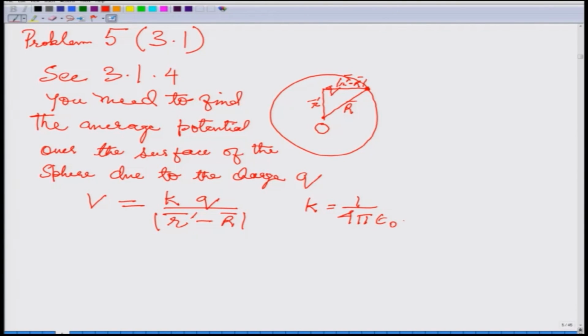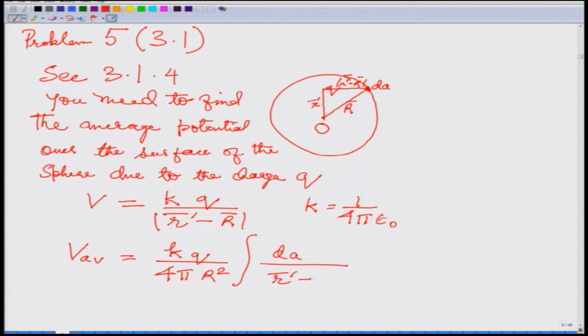Now if you want to find the average over the spherical surface, it will be KQ divided by 4 pi R square, integral over dA, this particular area dA here, divided by R prime minus R.